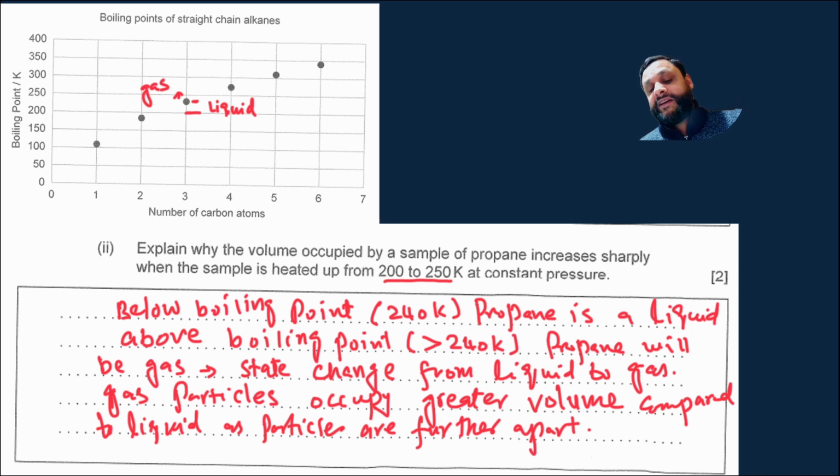We can also say, according to Charles' law, temperature is directly proportional to volume. Particles gain kinetic energy and they will be further apart from each other.